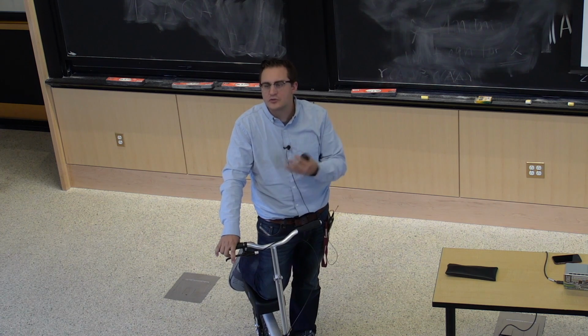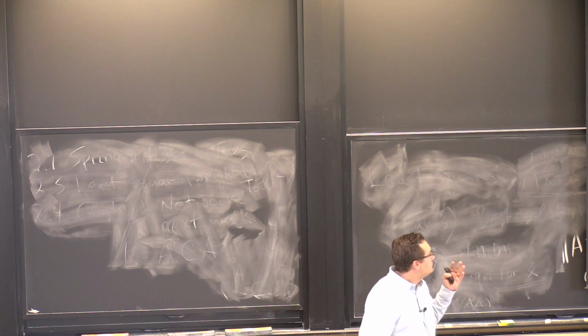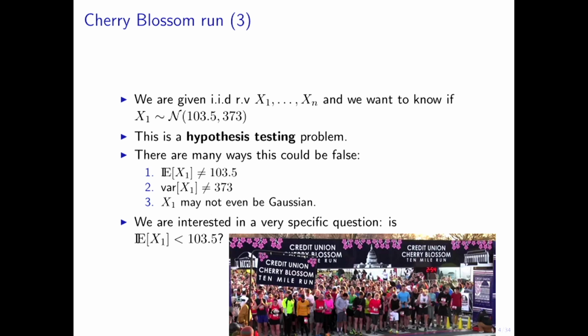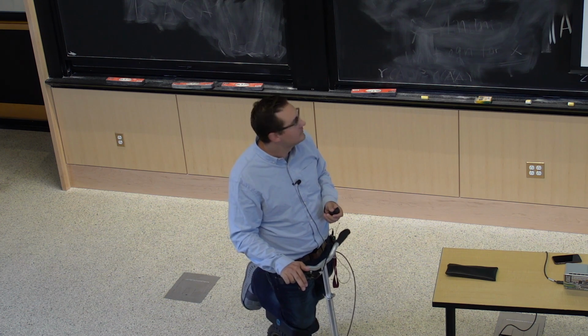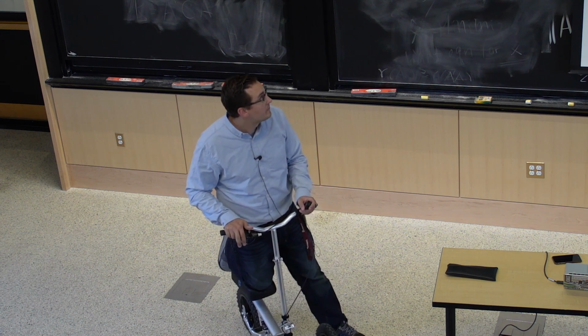So as far as you're concerned, you're happy to make the assumption that the rest has been unchanged. OK? And so this is the question we're asking: is the expectation now less than 103.5? Because you specifically asked whether runners were going faster this year. Right? They tend to go faster rather than slower. OK? So this is the question we're asking in mathematical terms.